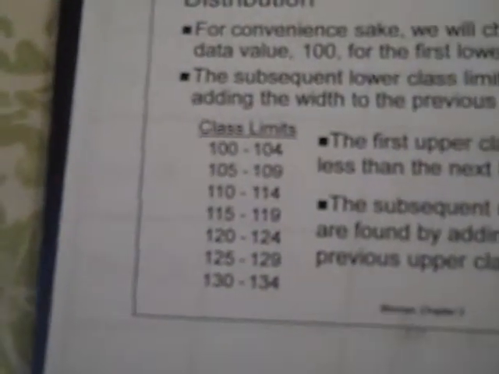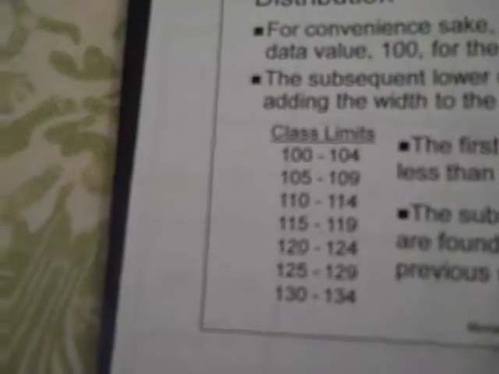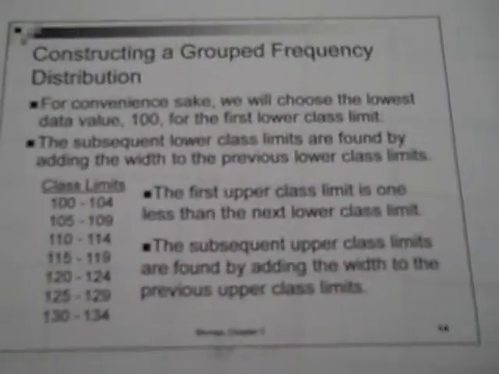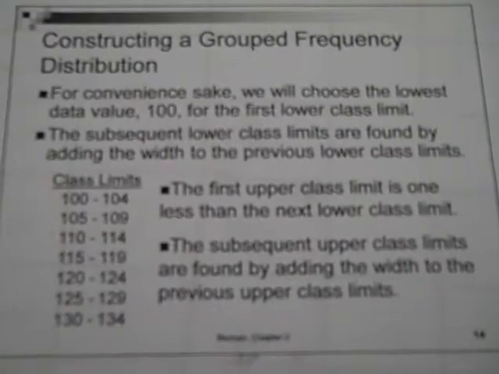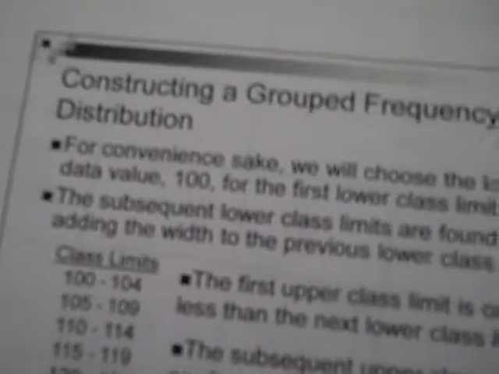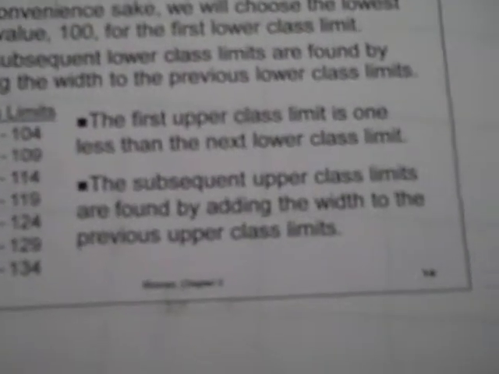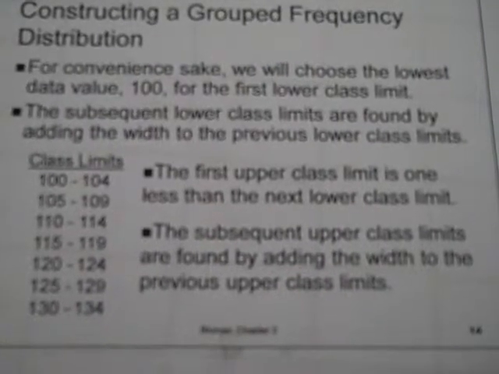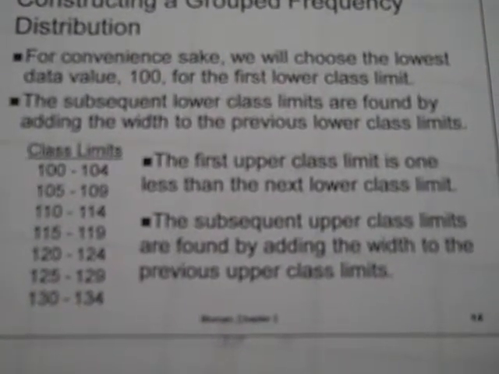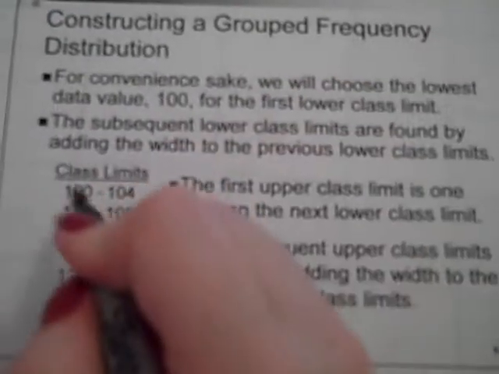So, if I decide to construct a grouped frequency distribution using raw data, which my raw data set has gone missing, for convenience, I will choose the lowest data value, which is 100, for the lowest class limit.